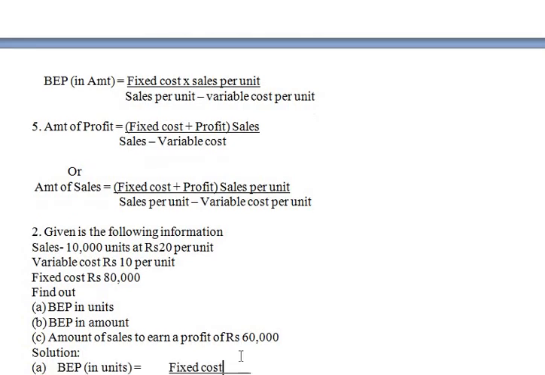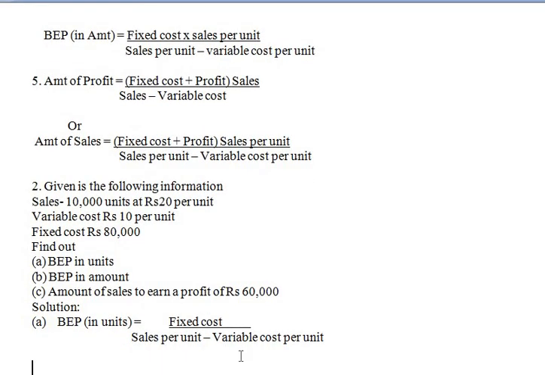Okay, so next line, solution. Break-even point in units is equal to, write down the formula. Now we have fixed cost, we have sales per unit, we have variable cost per unit.